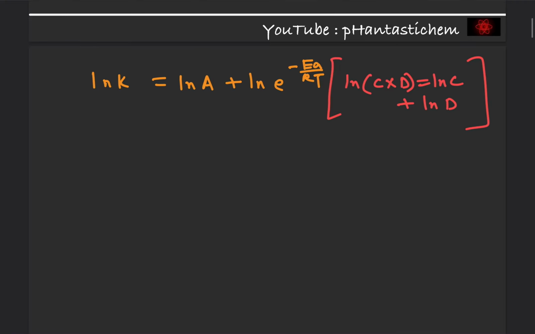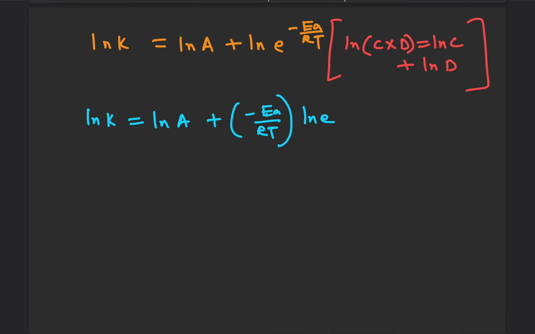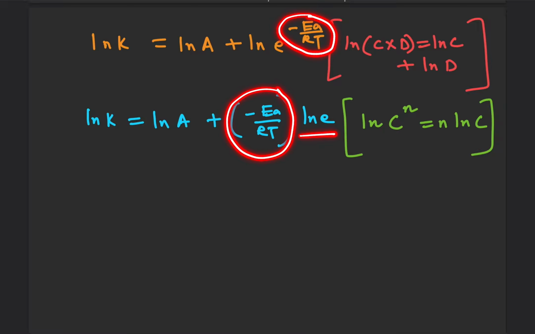So I can write further ln k is equal to ln A plus minus EA by RT into ln e, using the law ln of C to the power n is equal to n ln C. Whenever you take the power of something in log, it comes out of the log. So ln of e to the power minus EA by RT became minus EA by RT into ln e.